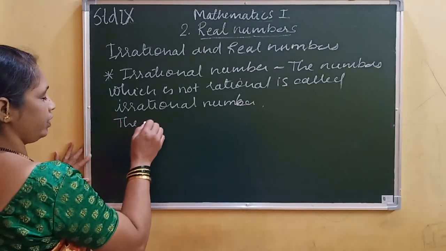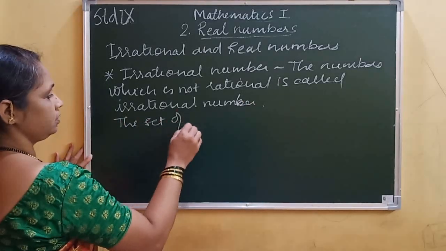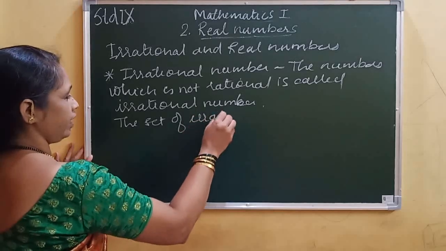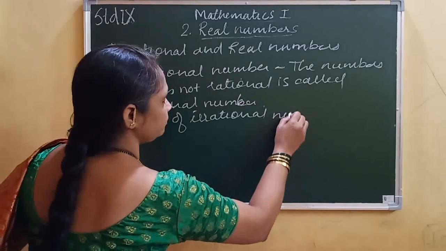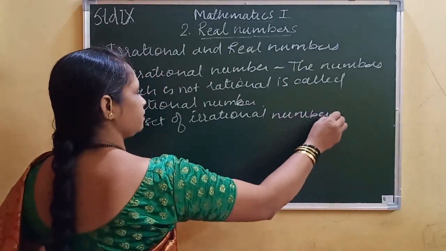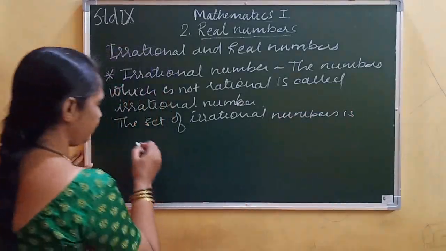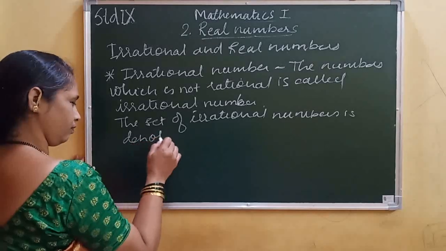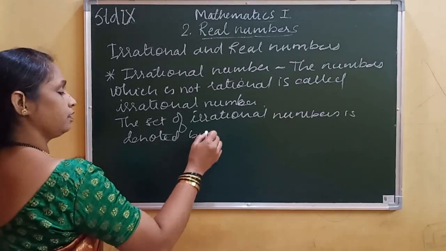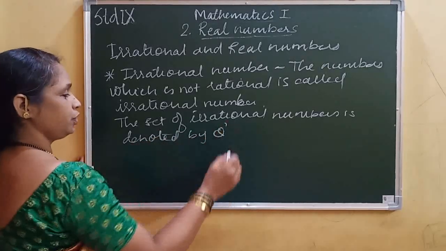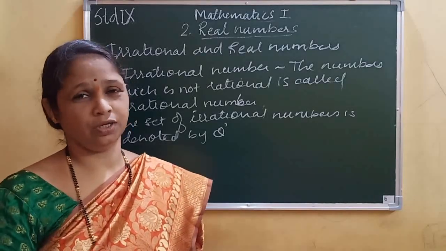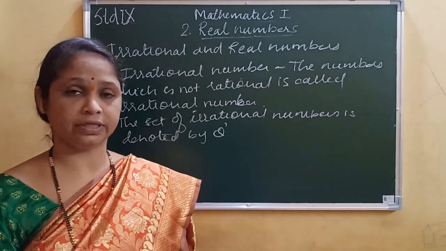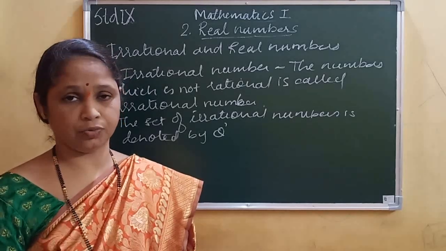The set of irrational numbers is denoted by the letter Q dash. See, rational numbers we denote by the letter Q. So, irrational numbers are denoted by the letter Q dash.